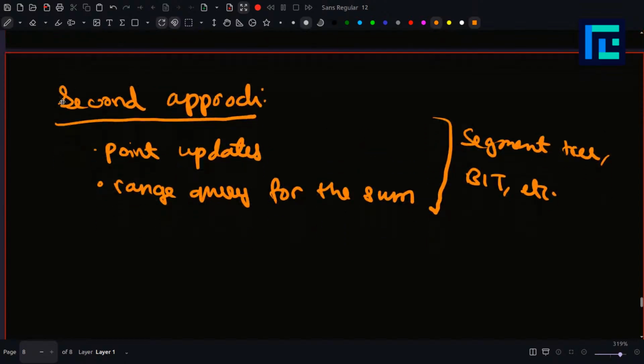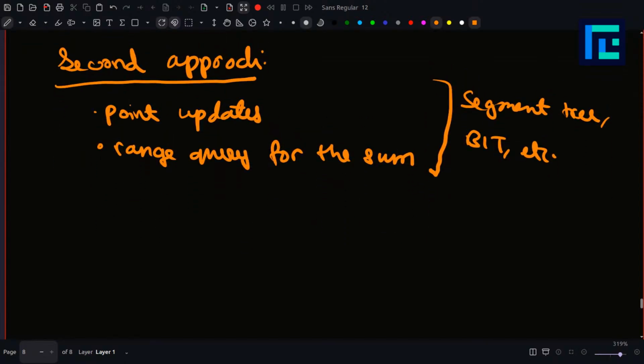Segment tree is the most versatile one of them, so that is the one you can assume to be used, okay? But if you want the fastest, binary index tree has the fastest constant factors. Not time complexity, the constant factor is very fast in binary index tree.